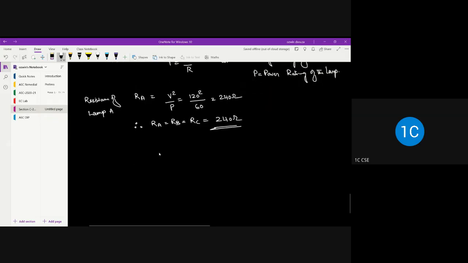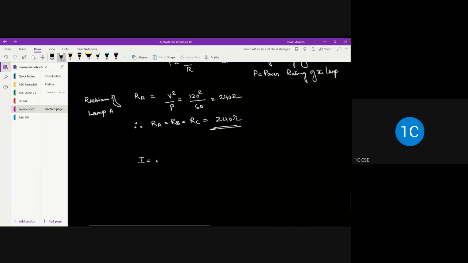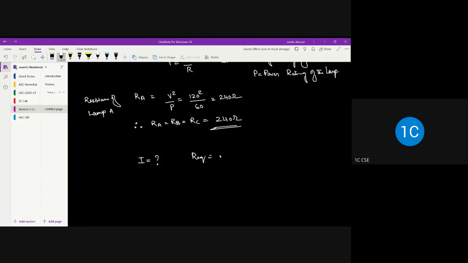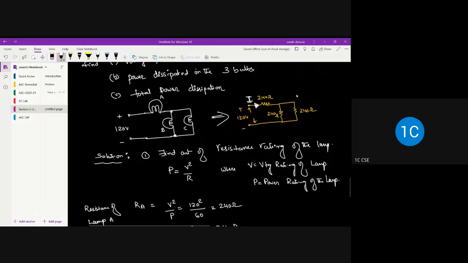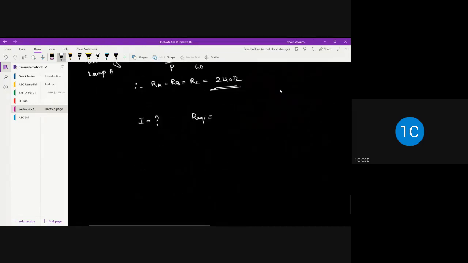For that, let me find out R equivalent. Two 240 ohm resistors are connected in parallel, and the effective resistance comes in series with the remaining 240 ohm resistor.